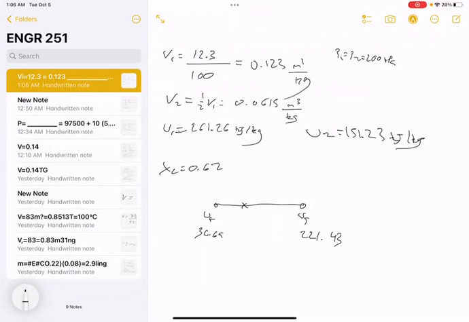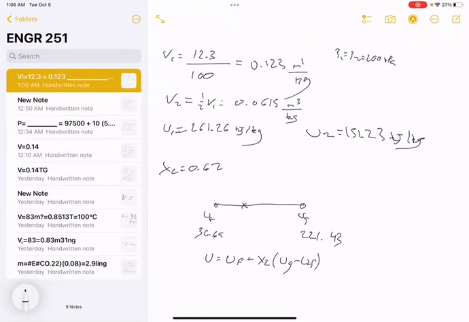So what we did was U equals UF plus quality, which is 0.62, times UG minus UF. This equation is valid for mixtures in terms of internal energy, enthalpy, and entropy, which we're going to talk about later in the semester. And the change in internal energy is what they're looking for.